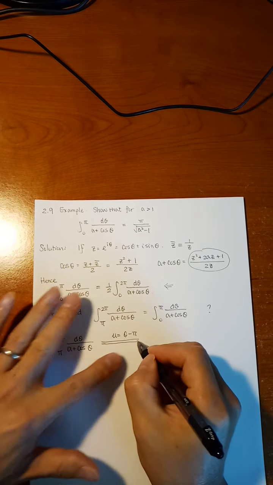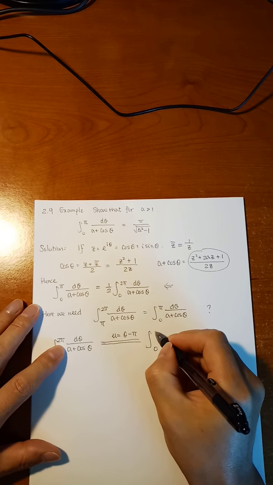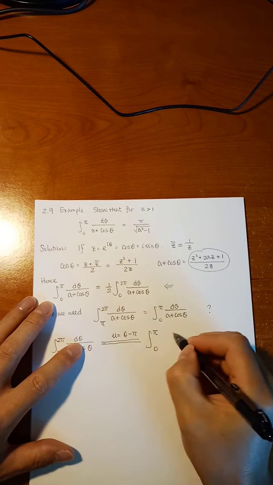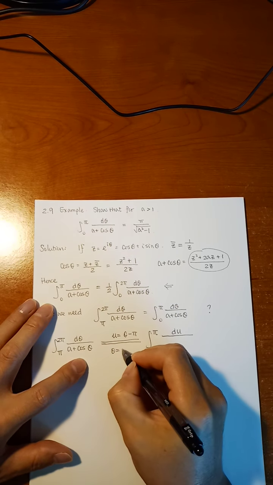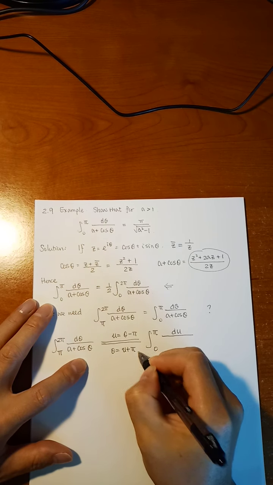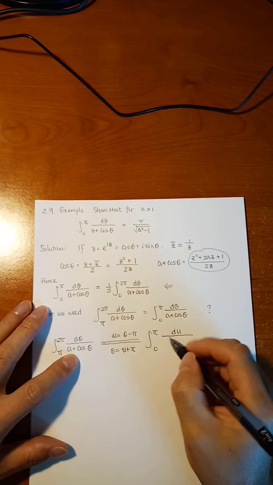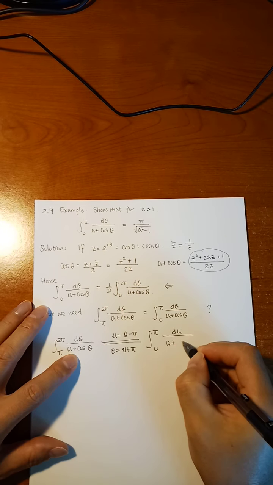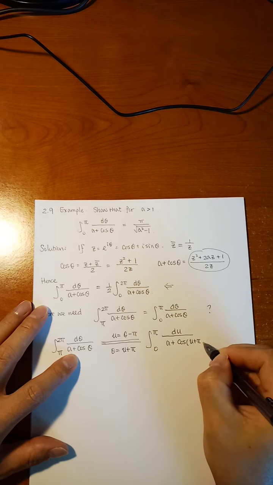U is theta minus pi. So when theta is pi, u is 0. When theta is 2 pi, u is pi. D theta is du. Then theta becomes u plus pi, so it becomes a plus cosine of u plus pi.